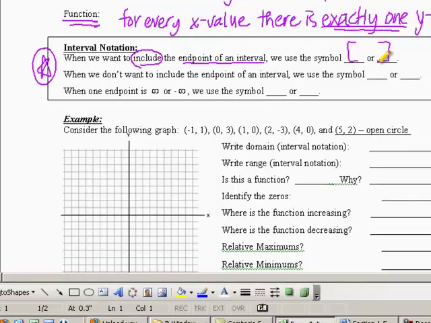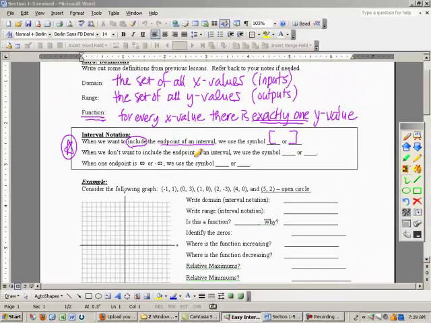It's the same thing as if I had on a number line and I said this was included and this was included, where we used closed circles. It's the same idea, it's endpoints.